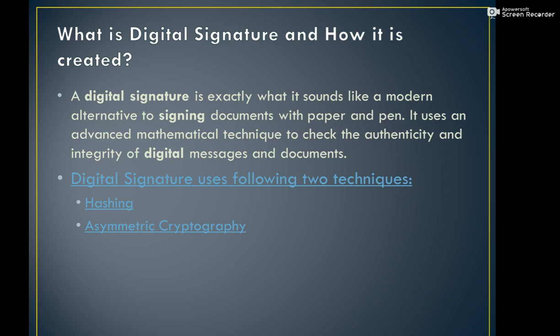To check the integrity of a message, a hashing technique is used, and to check the authenticity of the message, an asymmetric cryptography technique is used. So a digital signature uses these two techniques, hashing and asymmetric cryptography. Both methods play an important role when signing a digital document.